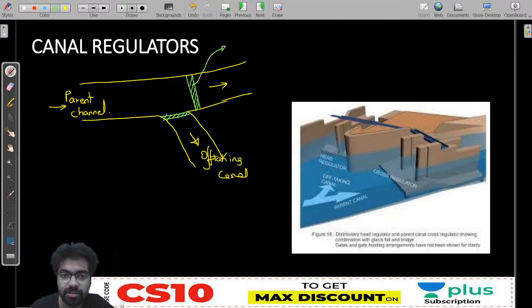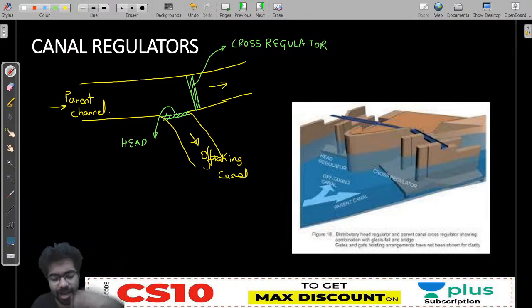This is your cross regulator. The regulator which is constructed on the parent channel is known as cross regulator, and the regulator which is constructed on the head of the canal is known as your head regulator.